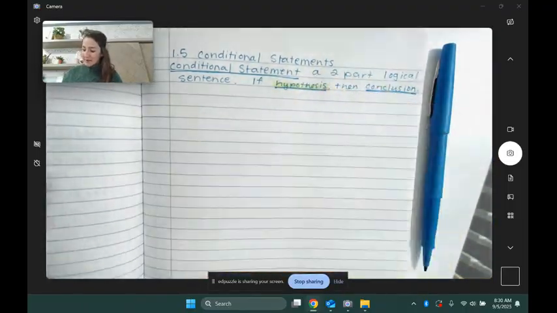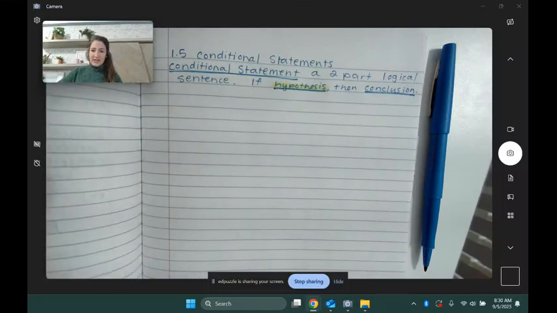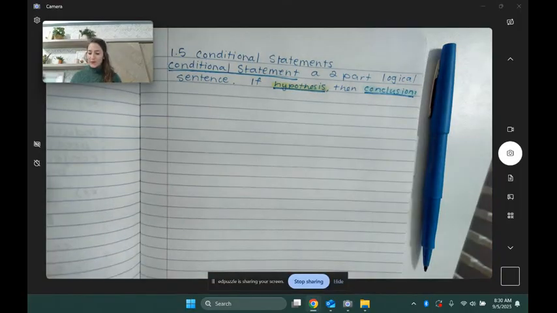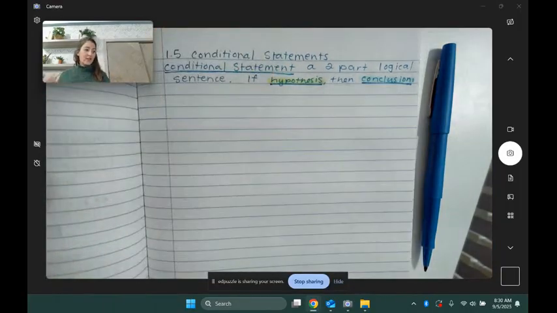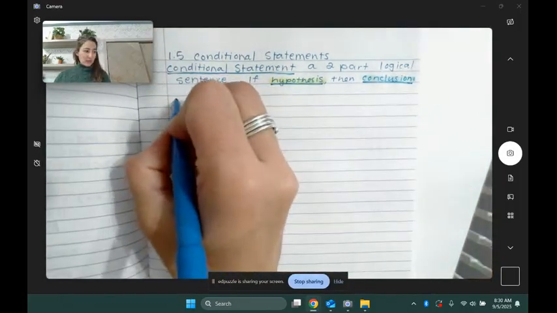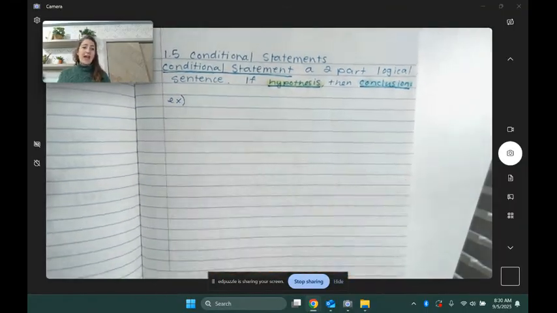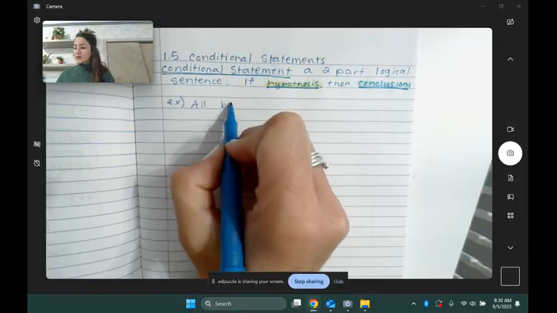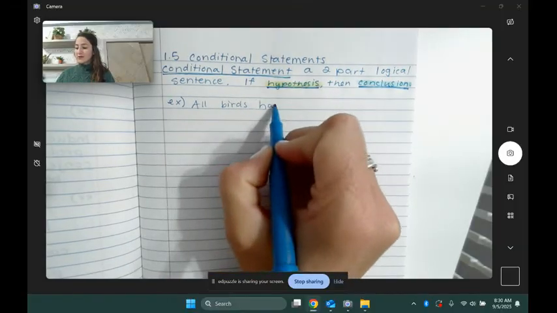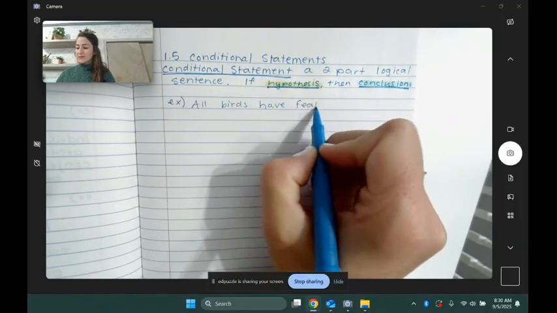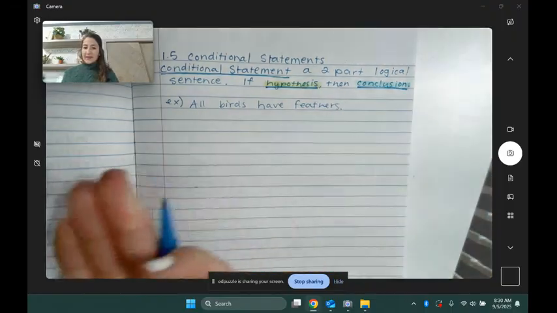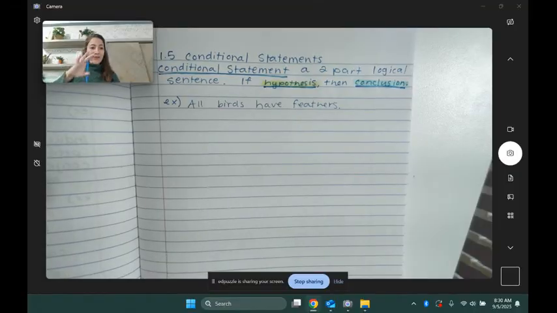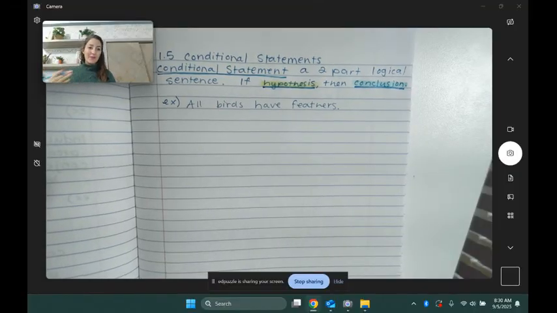So I've got a hypothesis and a conclusion. If, then. It has to have those two words in there. So for example, if I have a random statement like all birds have feathers, this is not a conditional statement because it does not have an if-then format.